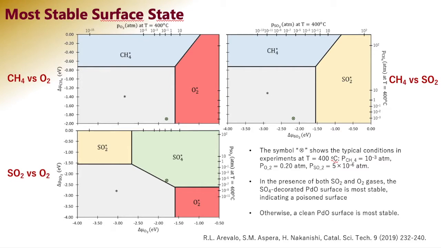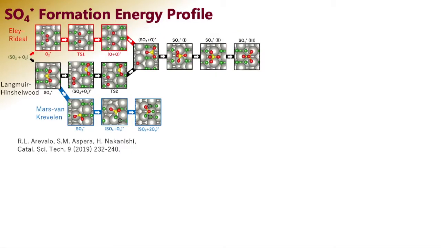However, in the phase diagram that considered both SO2 and O2 chemical potentials, the SO4 decorated surface is the most thermodynamically preferred surface. These results explain why under typical experimental conditions for methane oxidation, where the O2 and SO2 partial pressures are about 0.20 atmosphere and 5 × 10⁻⁶ atmosphere respectively, the SO4 decorated surface of palladium oxide 101 is detected.